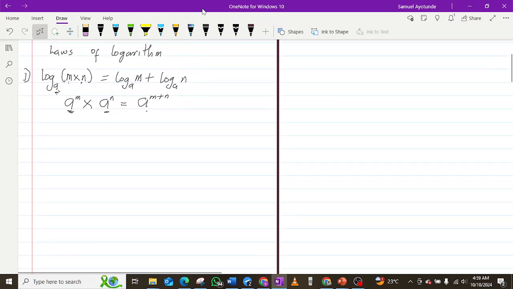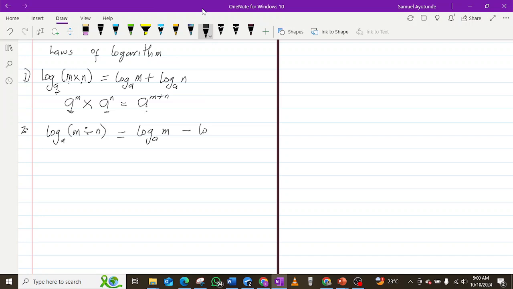So we go to the second law, which is the division part of the law. If we have division, we use subtraction to evaluate division.